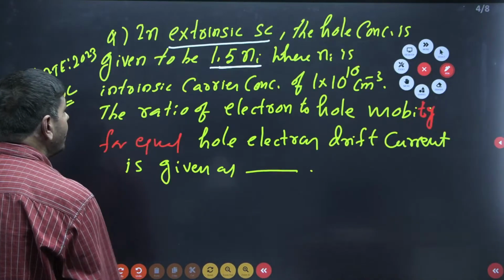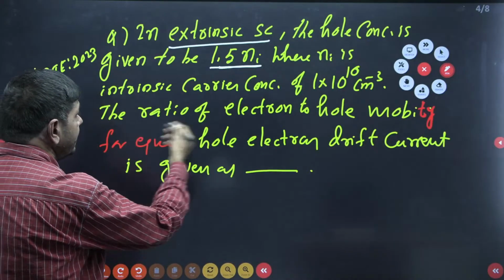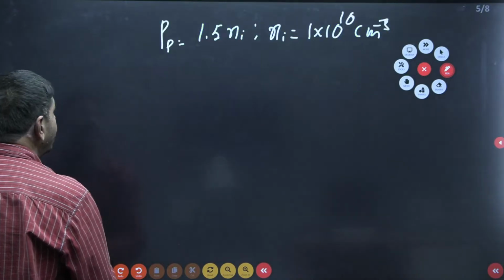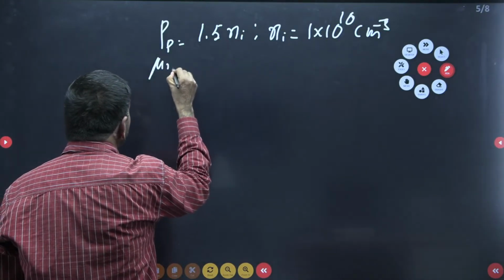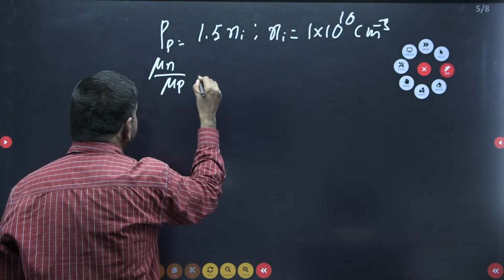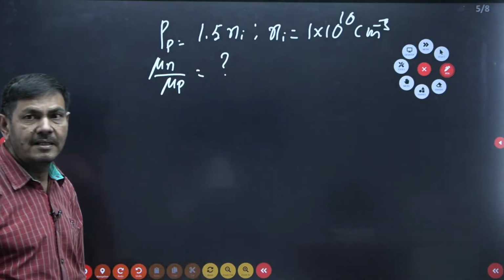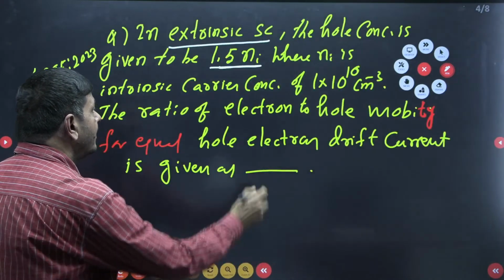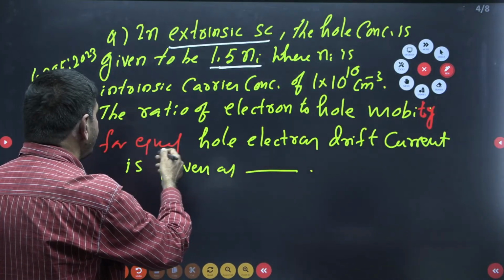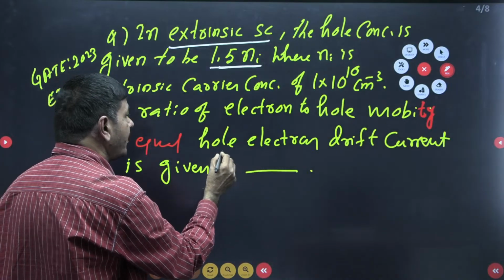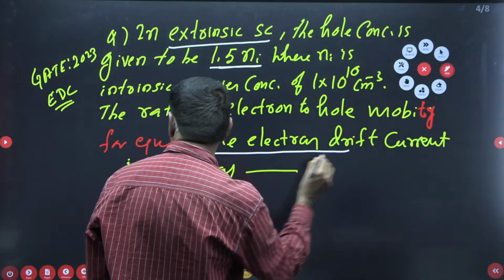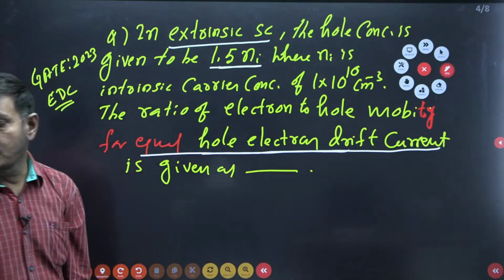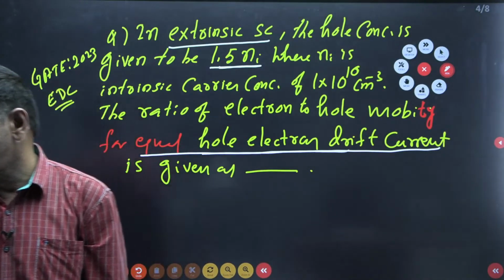And what else is given in the problem? The ratio of electron and hole mobility is required, that is mu n by mu p, we need to find. And it is given that the electron drift current and the hole drift current are equal.